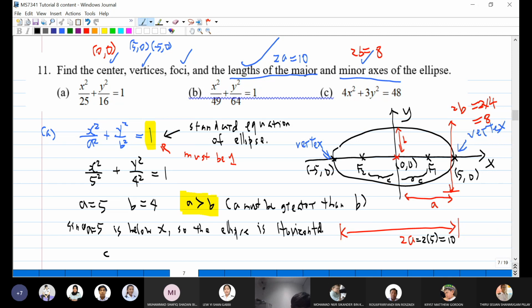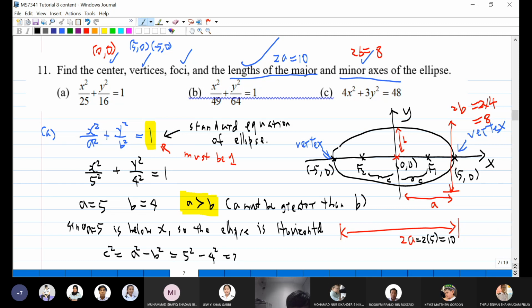The formula is c squared equals a squared minus b squared. The big square minus the small square. You usually memorize this. So a squared is 25, 5 squared. b squared is 4 squared.